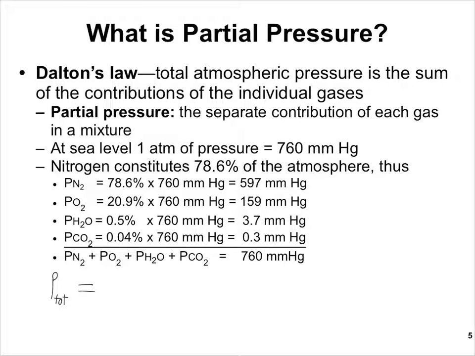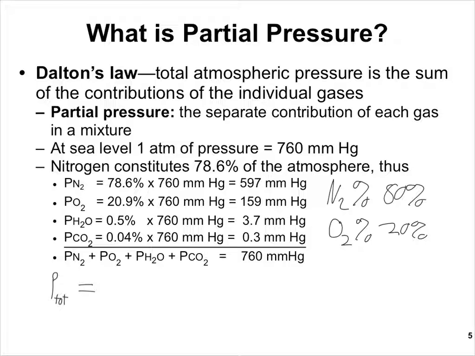So, for instance, in our environment, the air that you're breathing, the nitrogen percentage is about 80%. You can see here I'm kind of rounding up. It's actually about 78.6%, but let's round up for now. And the O2, oxygen percentage, is about 20%.